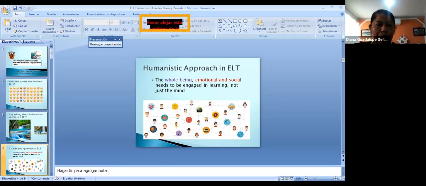So we'll continue. The humanistic approach in ELT is based on the idea that when we teach, we're not teaching only the mind, we're also teaching the whole human being, the emotional and the social part, and the different needs the human being has.